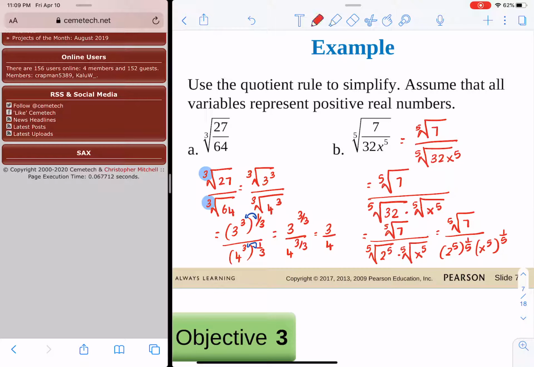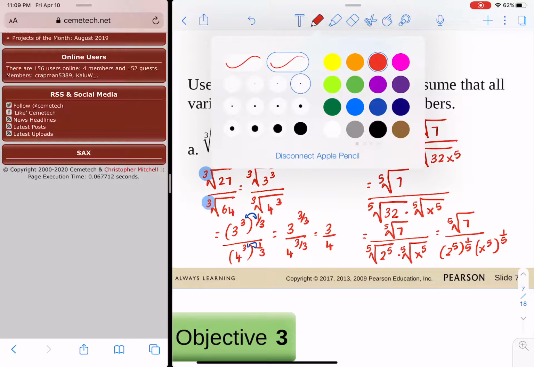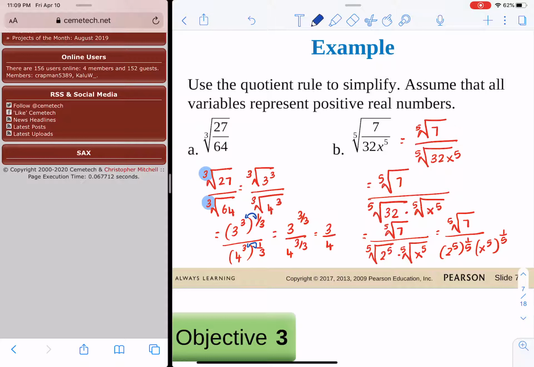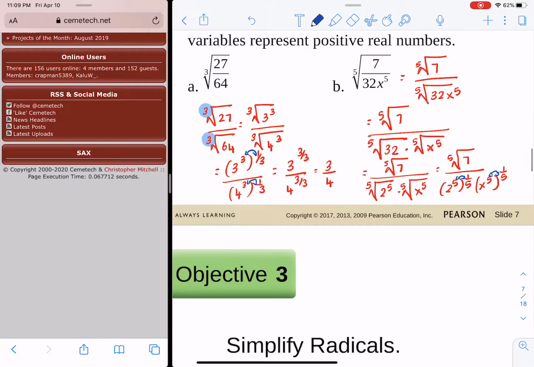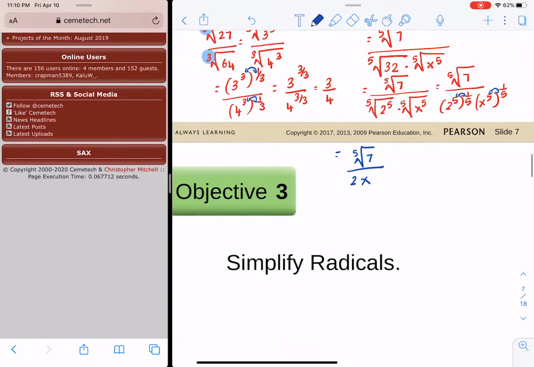And when we multiply those two terms, we would simply have 5 over 5, which is 1. So the answer would end up being the fifth root of 7 divided by 2 times x.